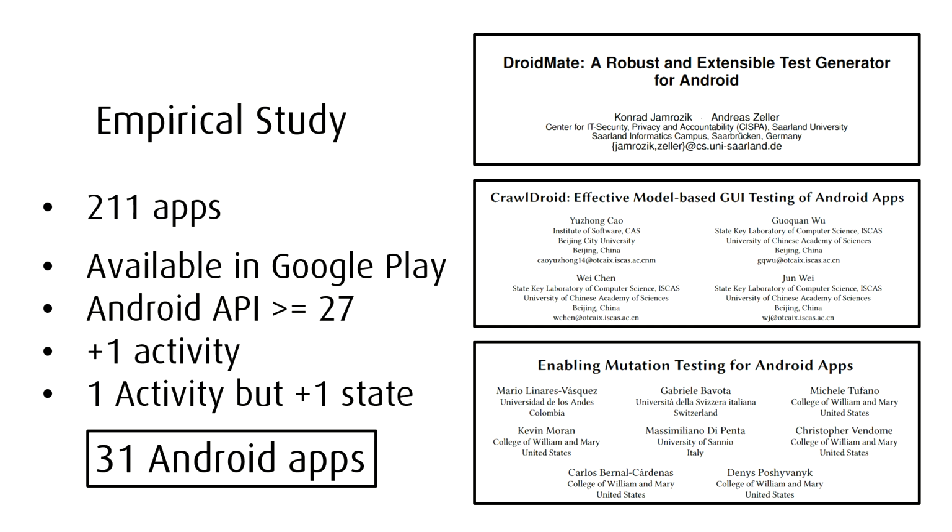We filtered these apps by their availability in Google Play, whether they run on an Android API greater than 27, and whether the systematic exploration returns more than one activity, or, in case there is only one activity, more than one state. At the end, we selected 31 Android apps.